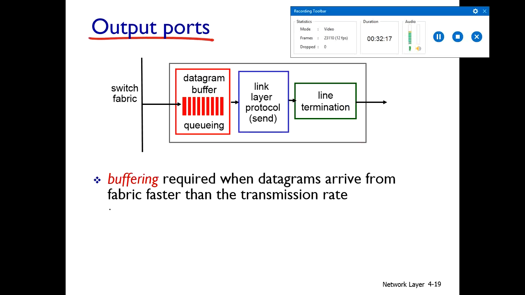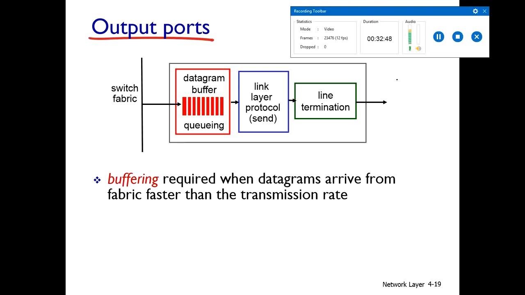The last thing is the output port. So let's discuss it. What does the output port do? The output port stores the packets that have been forwarded to it through the switching fabric and then transmits the packets on the outgoing link. The output port performs the reverse of the data link and physical layer functions at the input port.